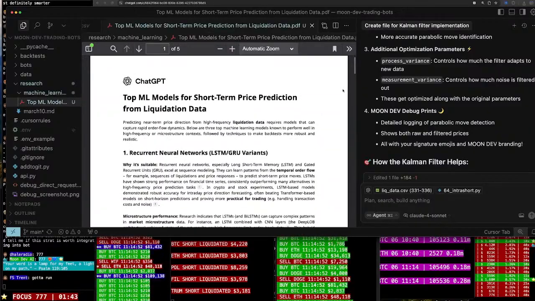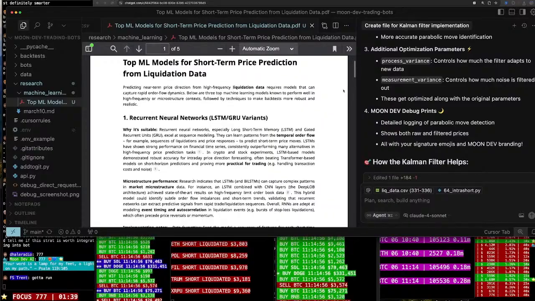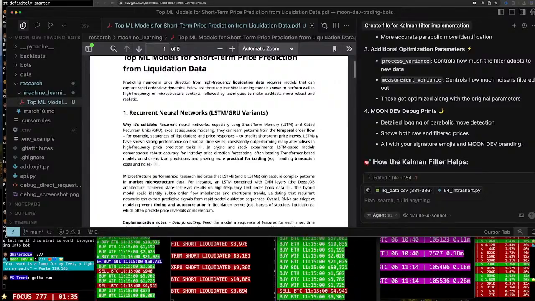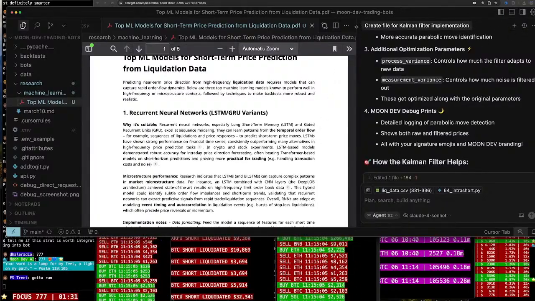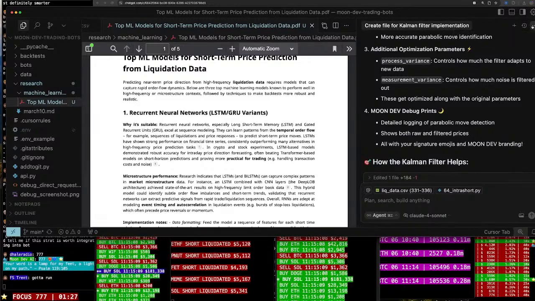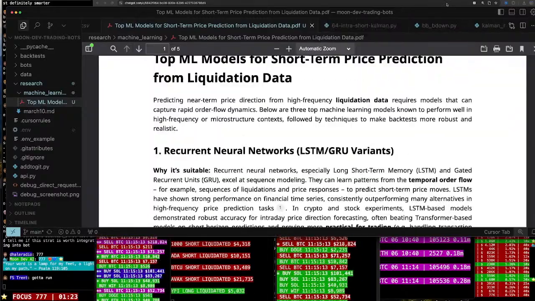All right, so top ML models for short-term price prediction from liquidation. Close chat. Okay.